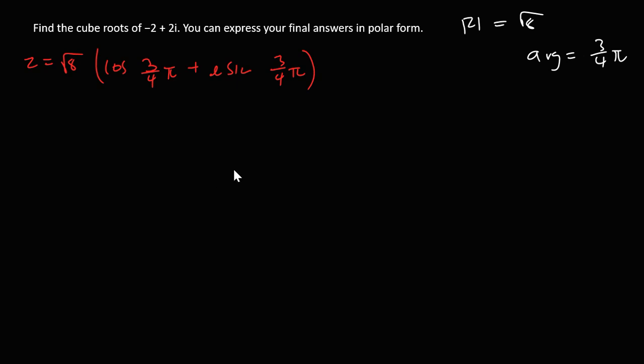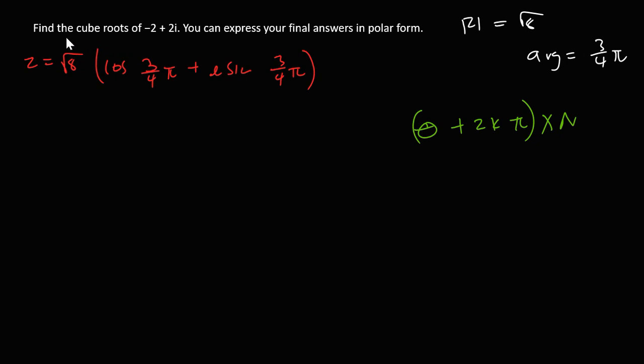There is one important formula if you're working with roots of complex numbers: theta plus 2k pi, all multiplied by n.